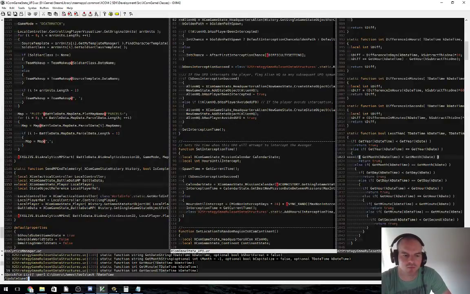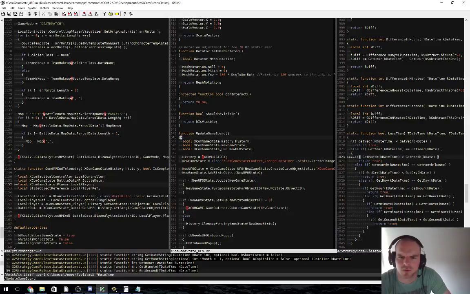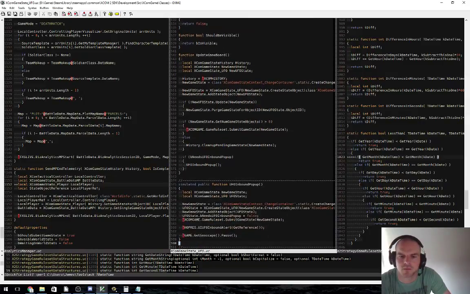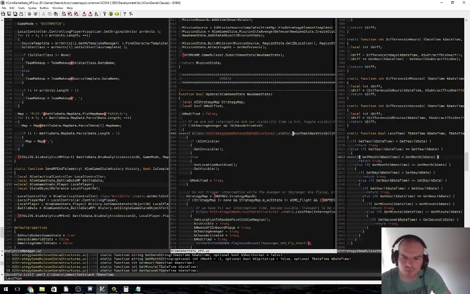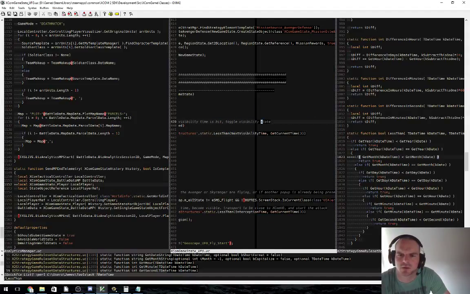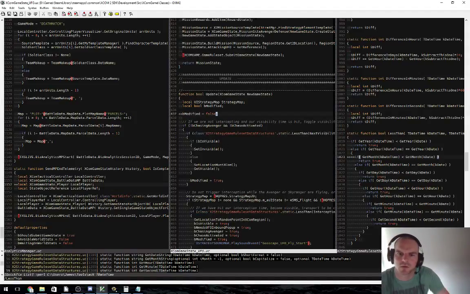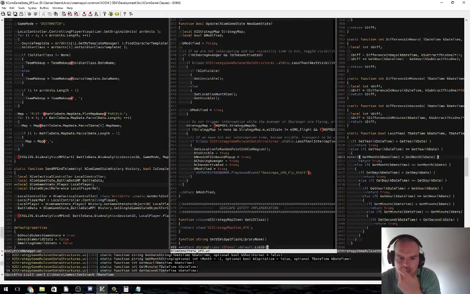Update game board. Where is a less than here? Update. So return be modified. Okay.